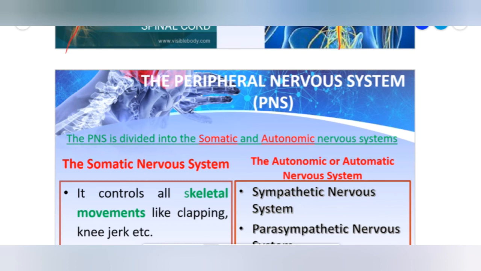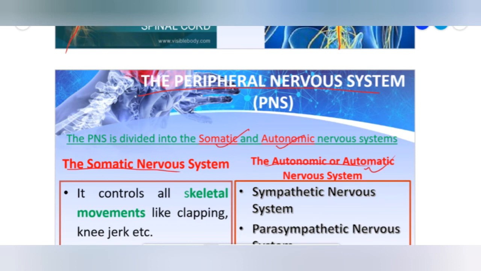So the PNS is divided into two. We have the somatic and the autonomic nervous system. We call it somatic nervous system, or we call this one autonomic or automatic nervous system. So these are the two parts that this PNS is being divided into.